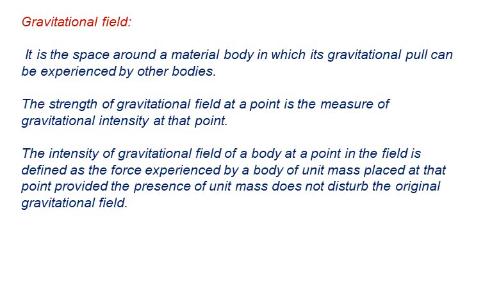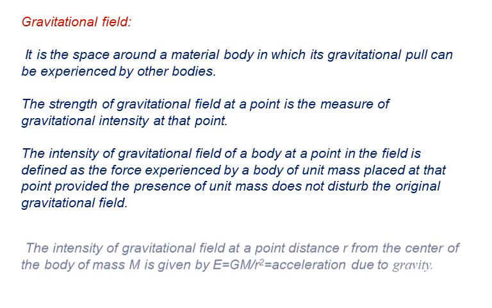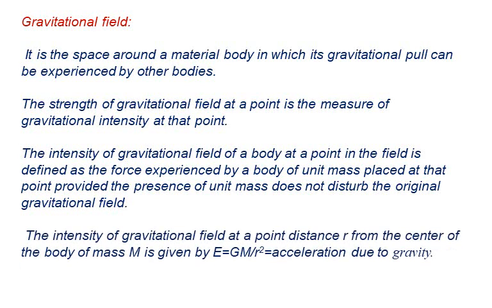You know that according to Newton's law of gravitation, the force of attraction between the two objects is F equals G into mass of the Earth into mass of object divided by distance square between them. If you divide by the mass of object, you will get G M upon R square.